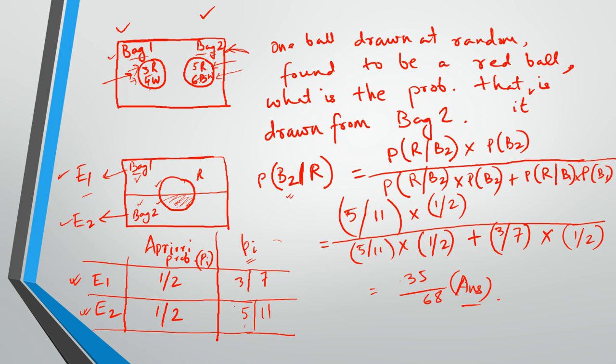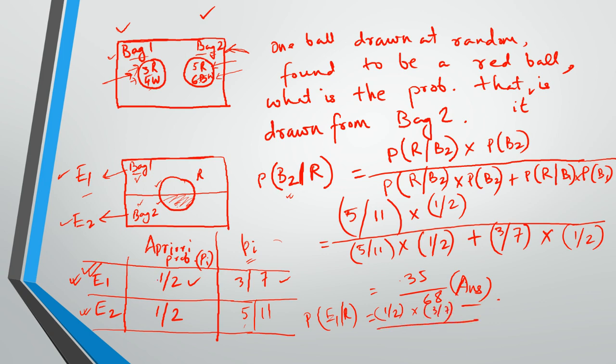Okay. So what is the probability that event E1 took place given it's a red ball? We have to multiply this by this. So half times 3 by 7.